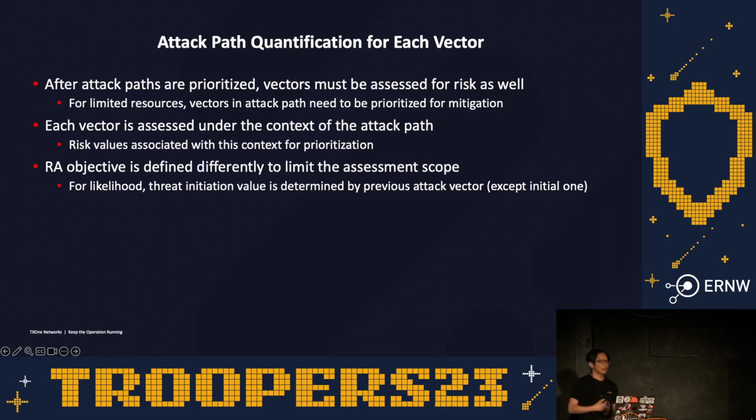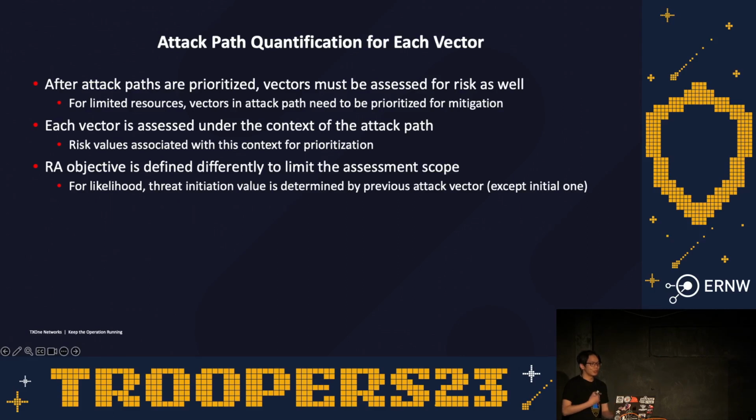For the risk assessment in this context, we're assessing the vectors inside this path under the context of the attack path, and therefore we will have the risk value associated with the attack path. This is why we can do the prioritization for the attack vectors inside this path.